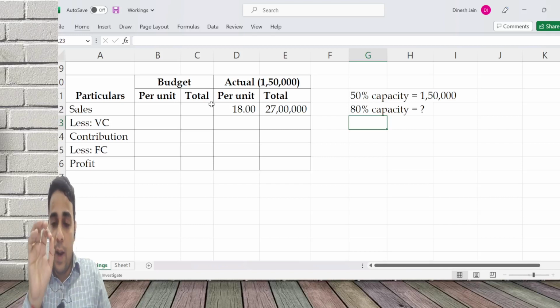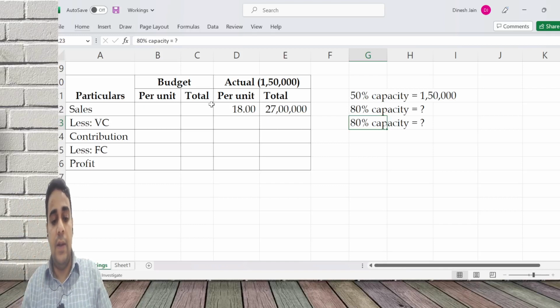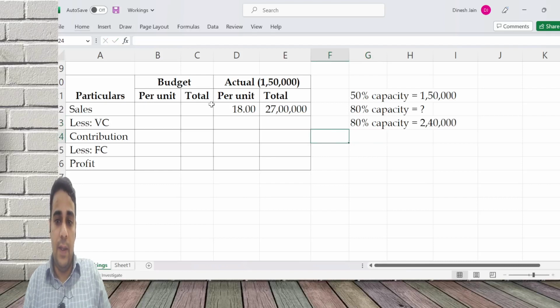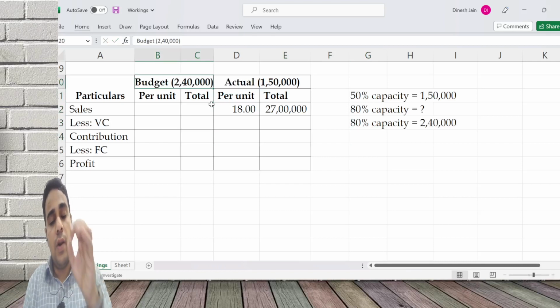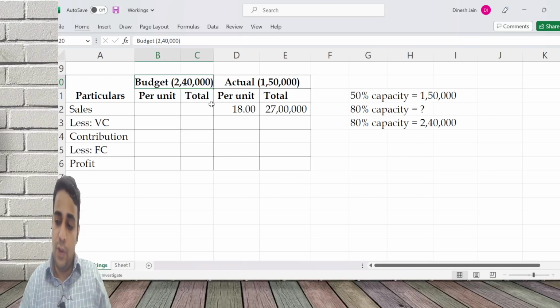How much is 80%? 2 lakh 40,000. The budget is for 2 lakh 40,000. Actual was for 1 lakh 50,000.